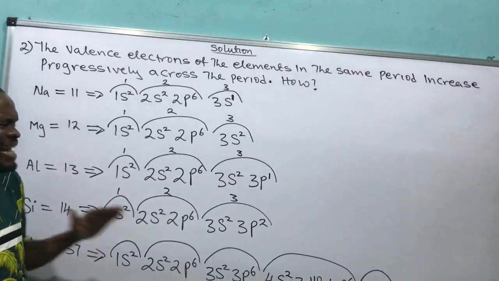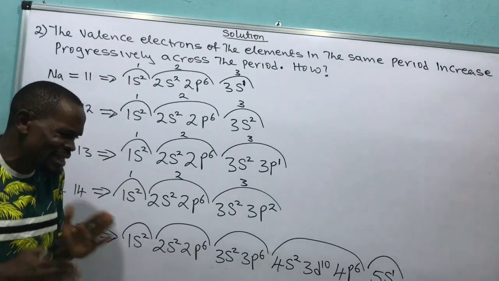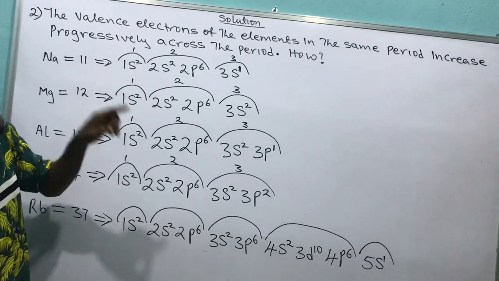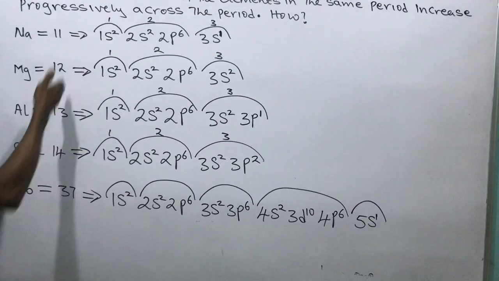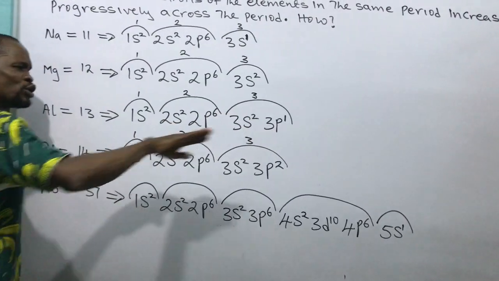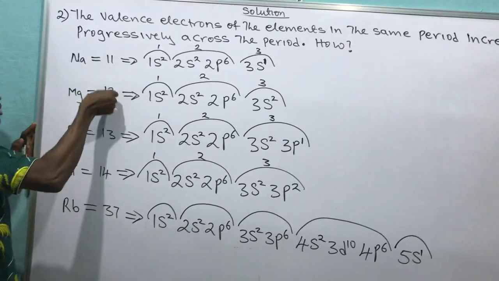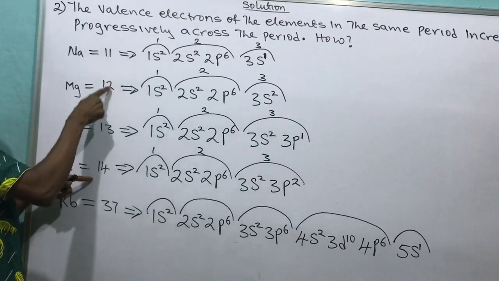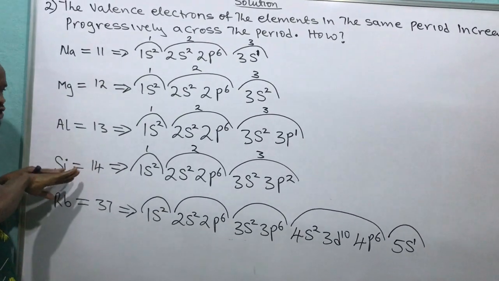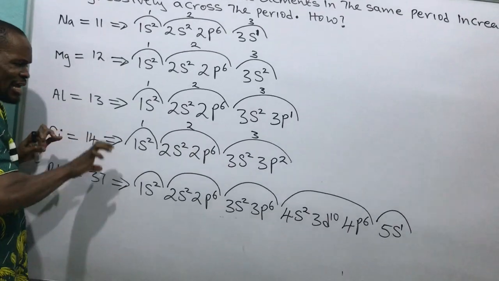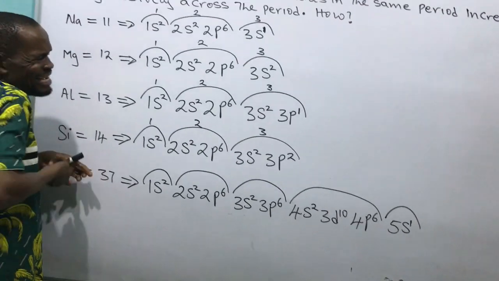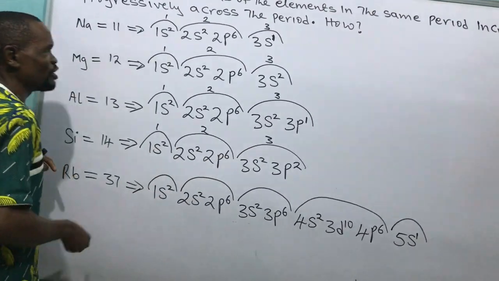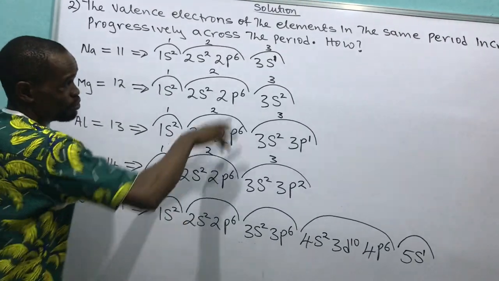But the electron in the atmosphere is increasing as the atomic number is increasing. See that the electron is increasing across the period as the atomic number is increasing. Look at the atomic number of this. It goes from 11, 12, 13, and 14. As atomic number is increasing, the electron is increasing across the period.